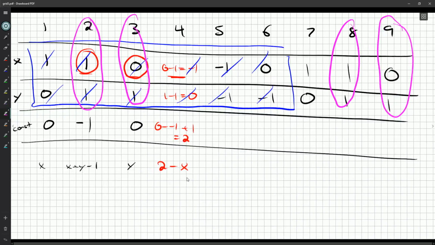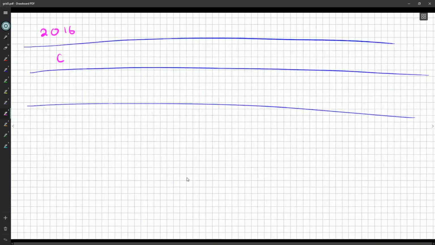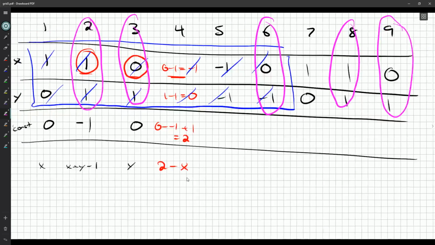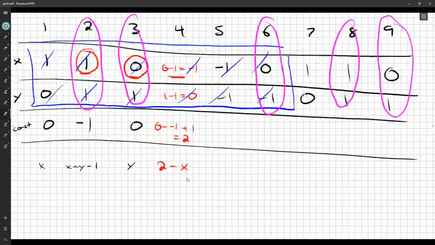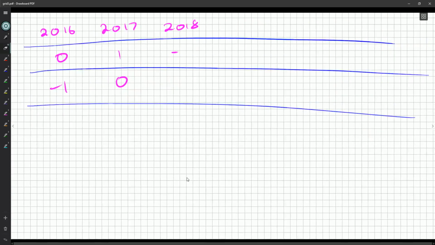And so any multiple of 6 will look like the 6 column, so it'll look like 0 and minus 1. And then 2017 will look like 1 and 0. And then 2018 will look like just regular 1, right? Yeah, it'll look like 1, 1.